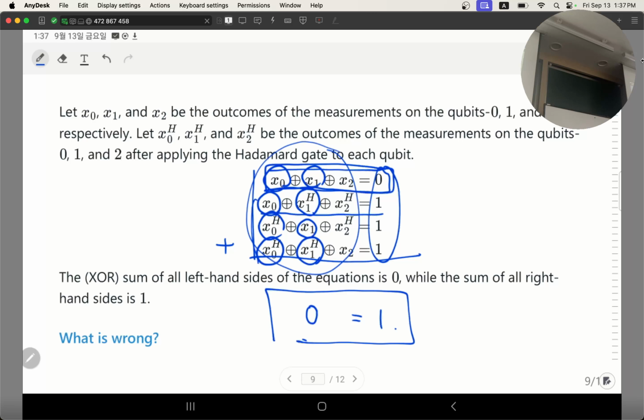So apparently there is an assumption when you derive this conclusion, an arithmetic assumption. It's a basic assumption in algebra. And that assumption is probably not working because it gives you a contradiction. So what is that assumption?